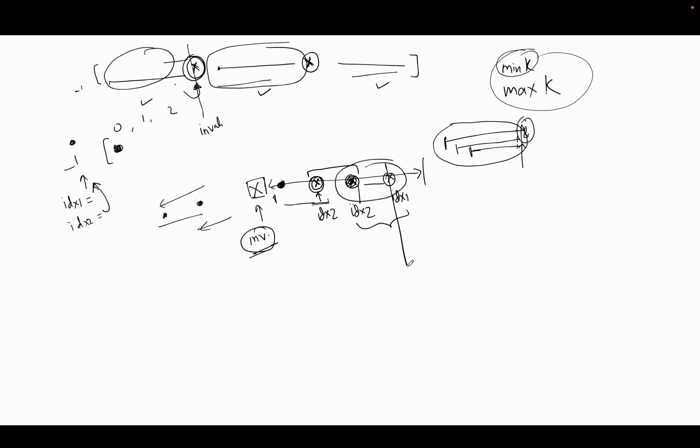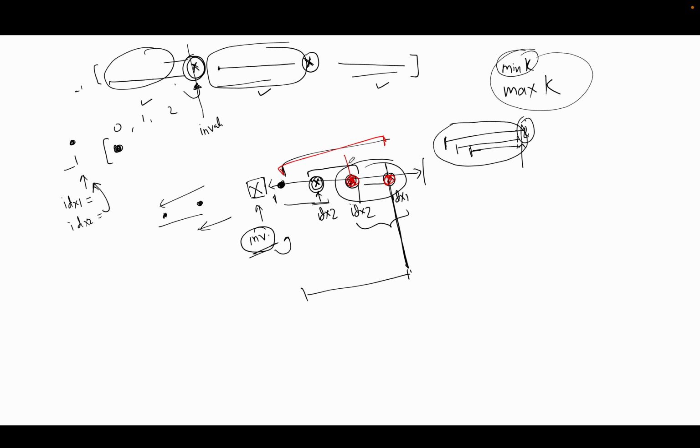So how many subarrays ending at this position are valid? It will be from one index after the invalid index to this position, because it includes both min and max. So it is a valid subarray.